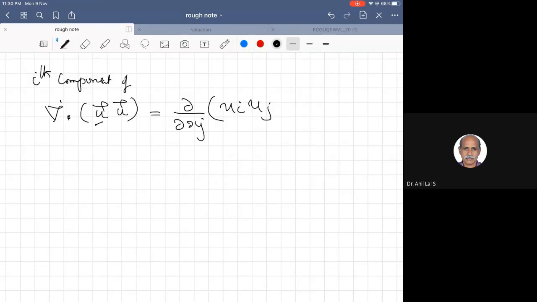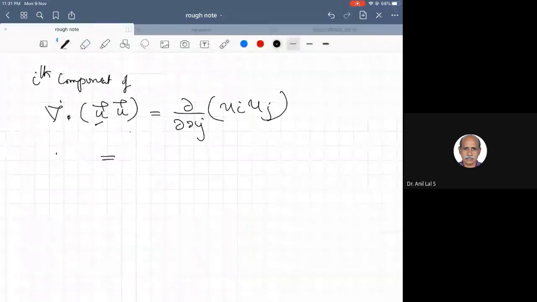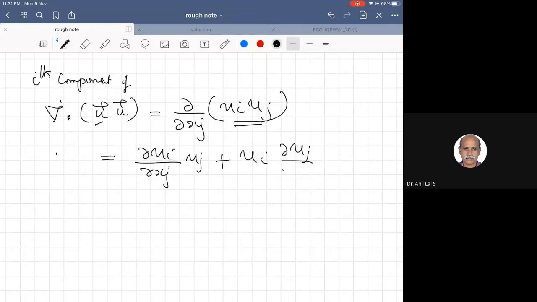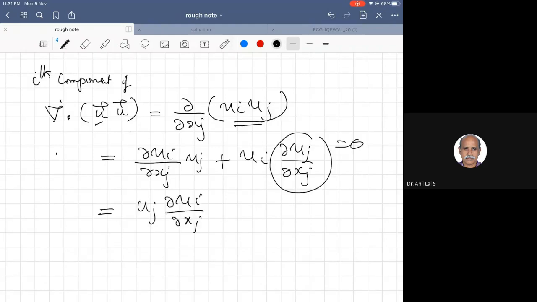Actually this is one ui, this is uj, and for the ith component we take ∂/∂xj. This is a product, so ∂ui/∂xj into uj plus ui into ∂uj/∂xj. This we have seen is equal to 0 by the continuity equation. So this becomes uj ∂ui/∂xj.